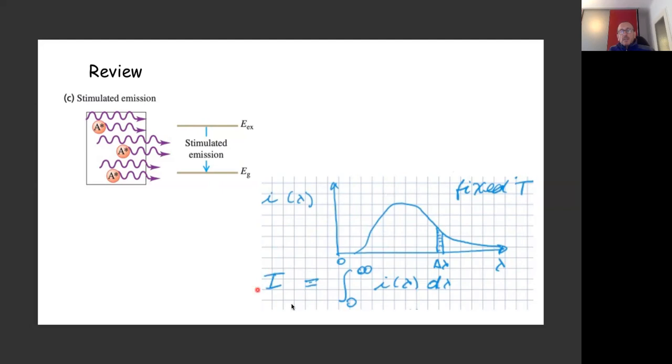The total intensity emitted from a solid at a certain temperature T can be calculated by doing this integral. And I'm going to ask you guys to actually do this integral as part of the homework submitted for you today. This integral, when it's done, is equal to a constant, which is called the Stefan-Boltzmann constant, times the temperature to the fourth power.